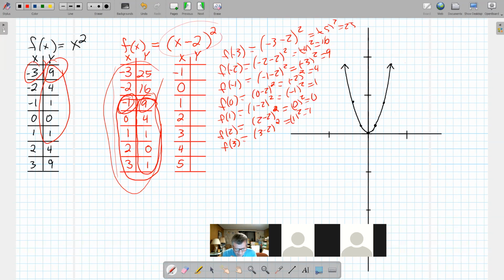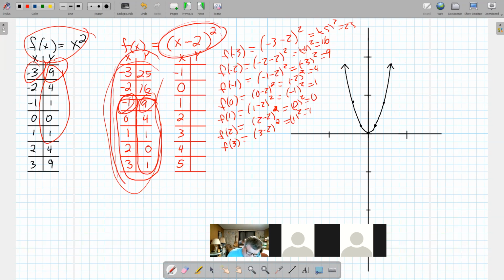Consider this. F of x equals x squared. What happens? I have an x value, I put it in, and I square it, and it comes out. Now let's take a look at this one. What happens there? I have an x value. I put it in, but then I subtract 2, and then I square it, and it comes out.